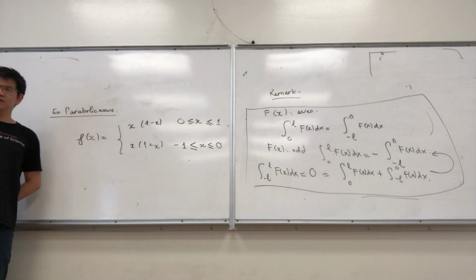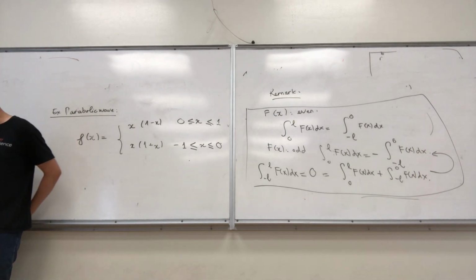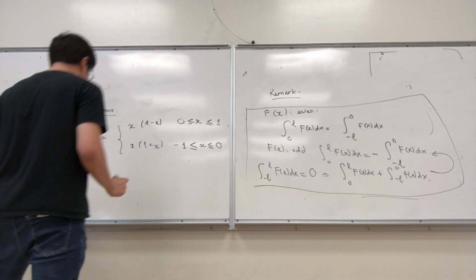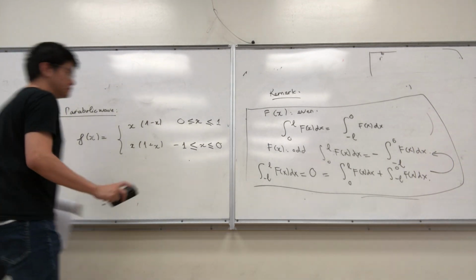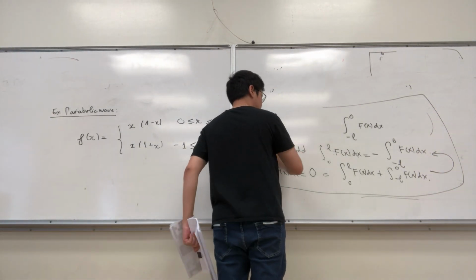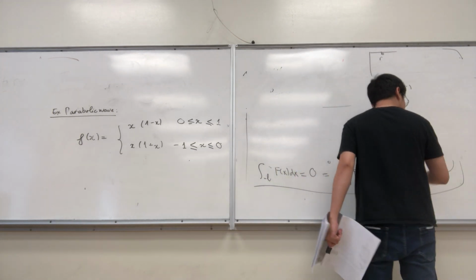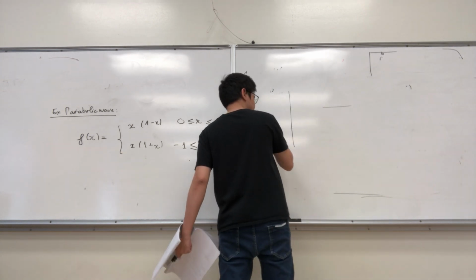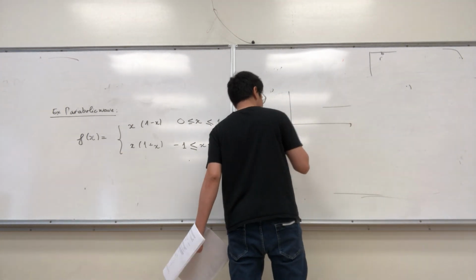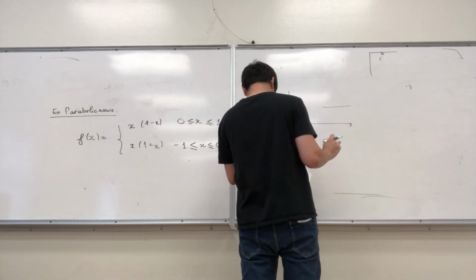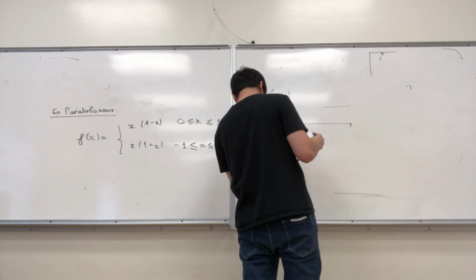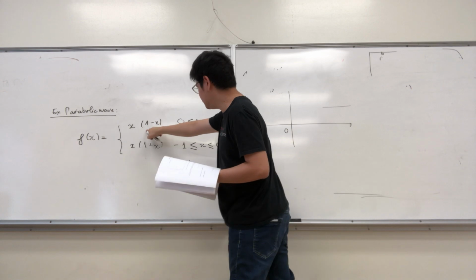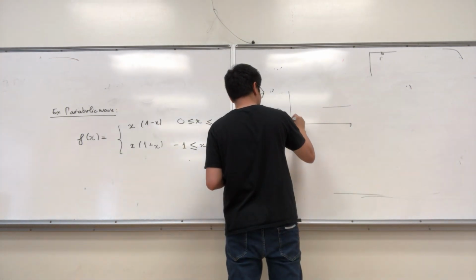Right? So this is a parabolic wave because it has the following form. When x is 0, this is going to be 0, so the function is 0 and it's going to be like this.